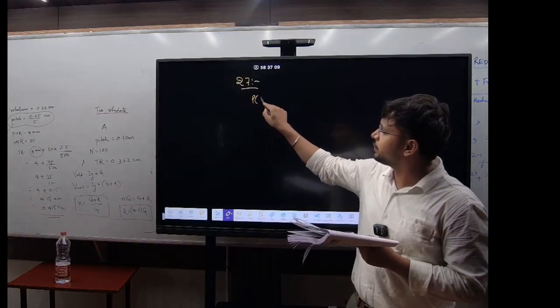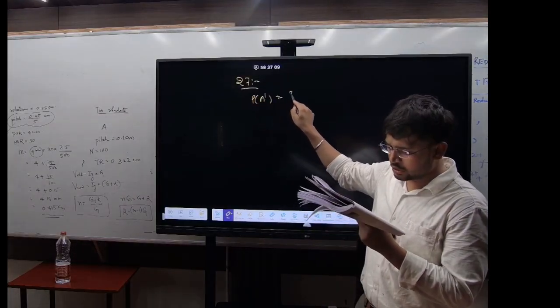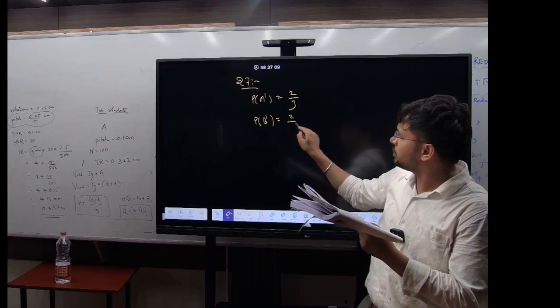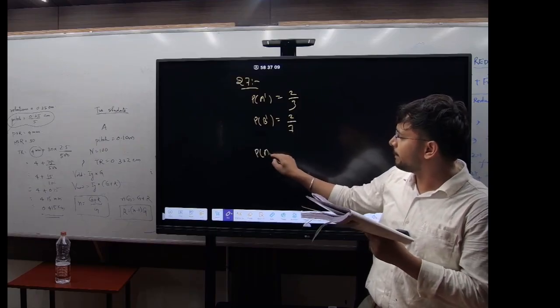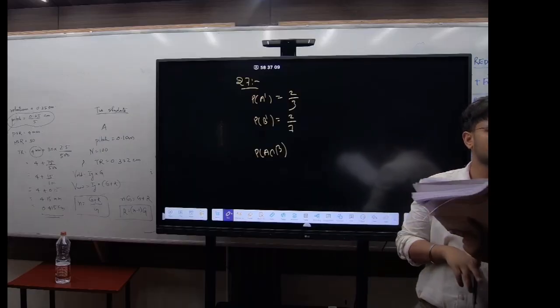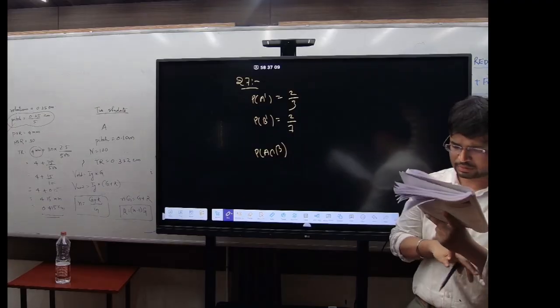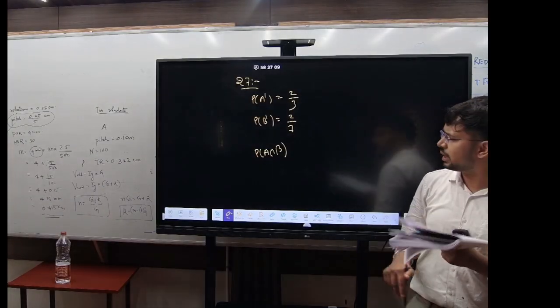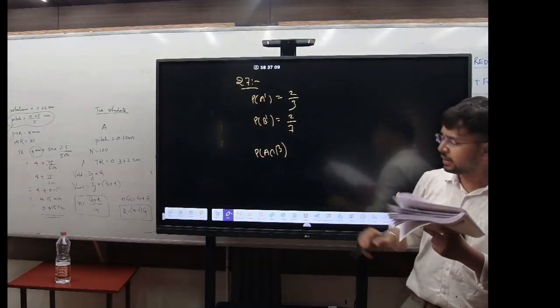It is given P of A dash is 2 by 3, P of B dash. Okay, very good. Question number 2, not 1. Conditional probability I will teach, then you answer. You also know already.